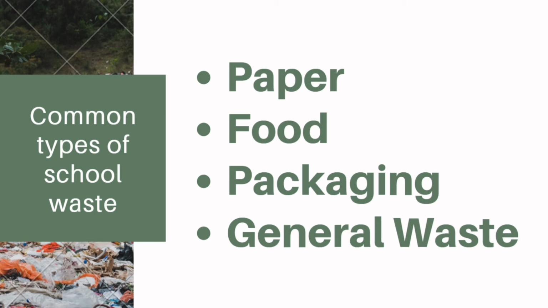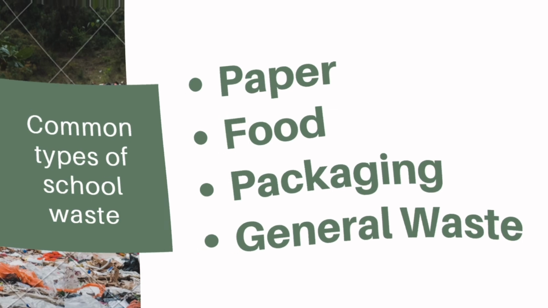Paper, from textbooks, workbooks, printed and photocopied papers. Food waste from pupils' lunch boxes and lunch provided by the school canteen. Packaging, like food and new school supply packaging. And general waste from rubbish bins around the school.